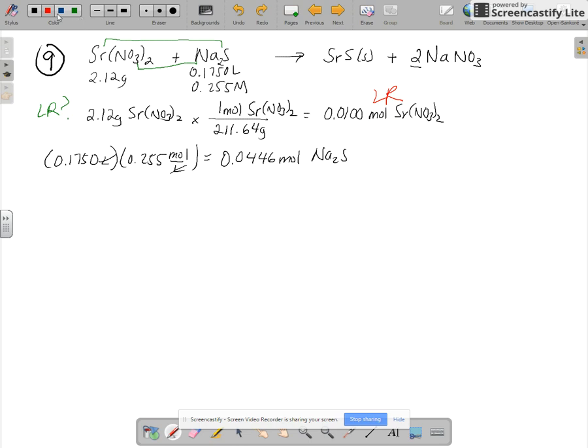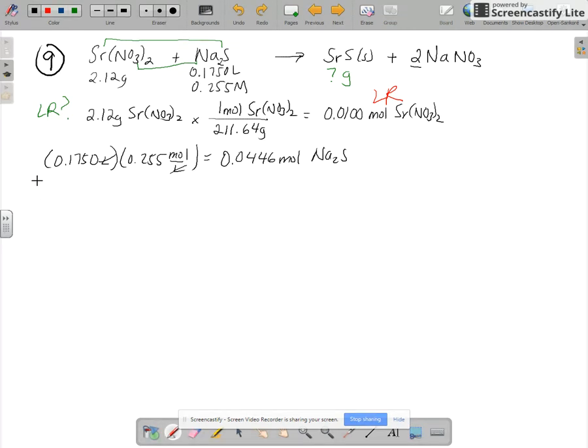Now that you got that figured out, you pretty much just got to calculate every mass and every ion concentration that would exist in this solution after the reaction takes place. So I always start with the easiest thing to figure out, which is how much precipitate would be sitting at the bottom anyway. So I'm going to figure out grams of strontium sulfide. Totally the exact sort of thing you did last year.